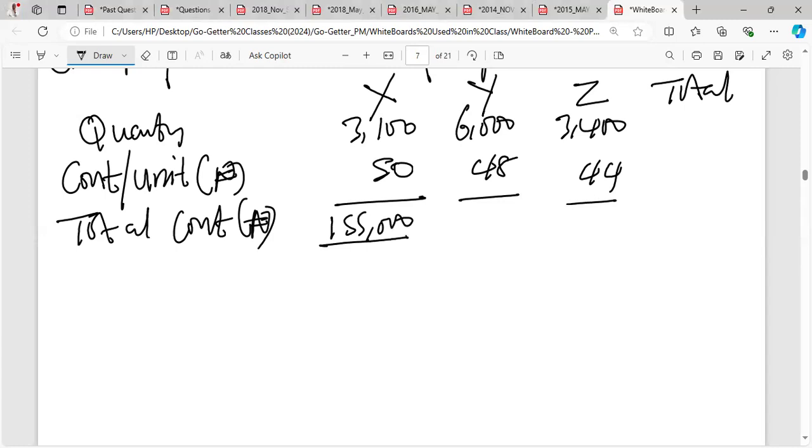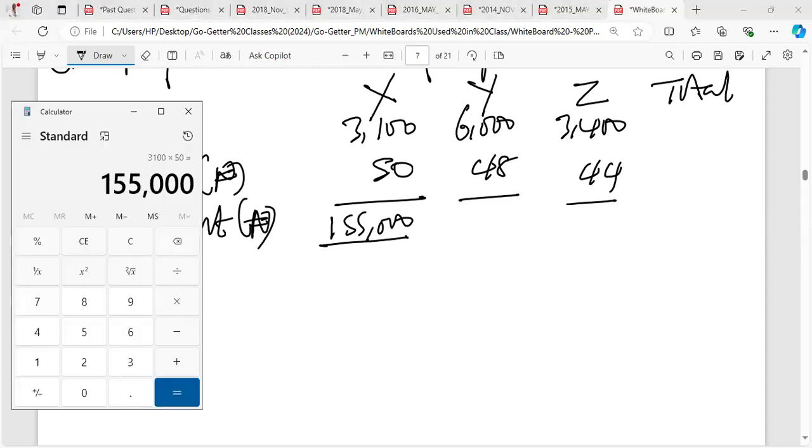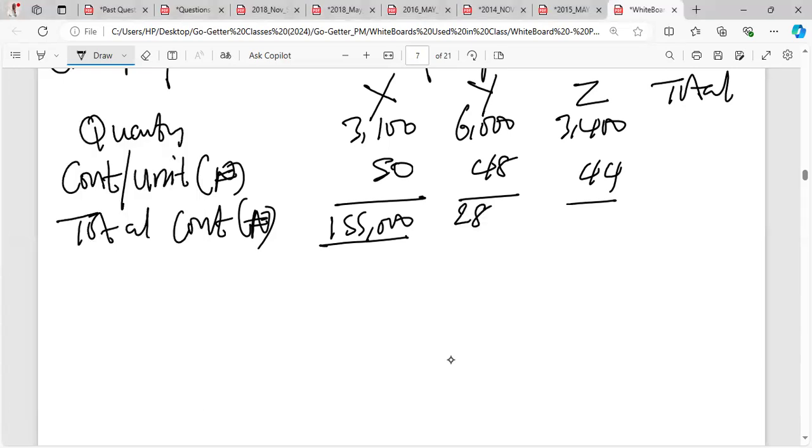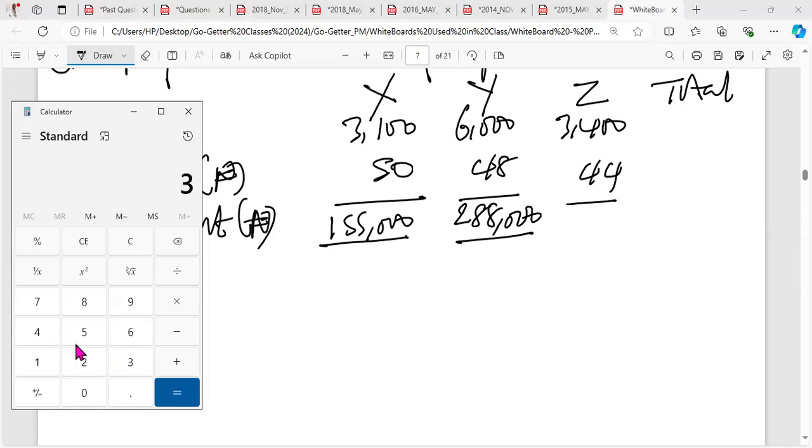Then I have 6,000 multiplied by 48. I have 288,000. Then the next one is 3,400 multiplied by 44, and I get 149,600.